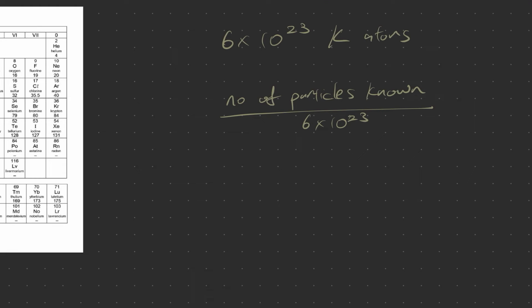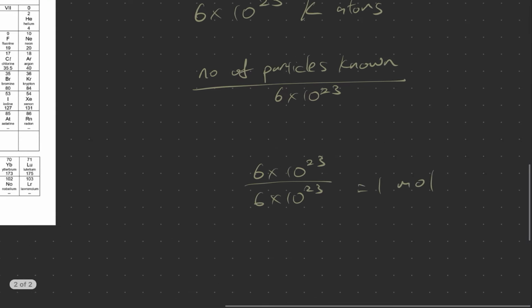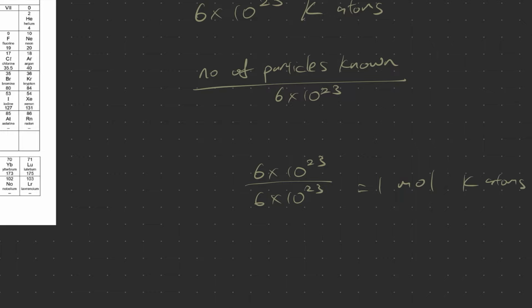Since I have 6 times 10 to the power of 23 potassium atoms and I want to find how many moles of potassium atoms I have, I just take 6 times 10 to the power of 23 divided by 6 times 10 to the power of 23, which will give me 1 mole. So I have 1 mole of potassium atoms. Next question.